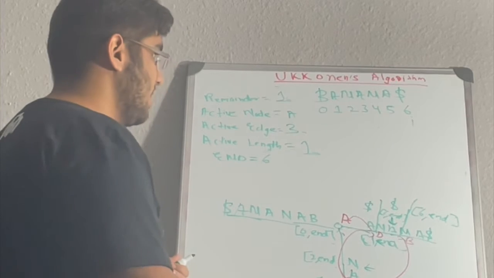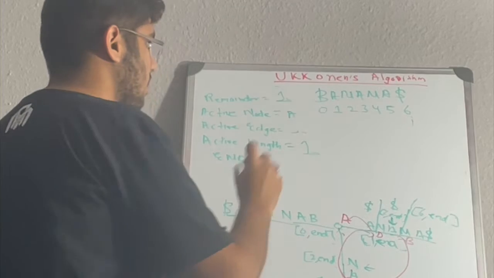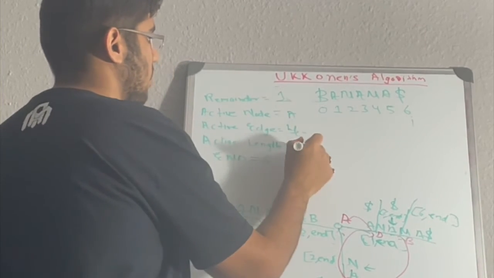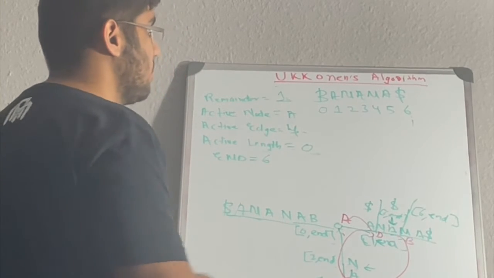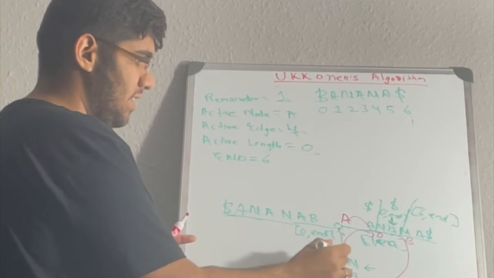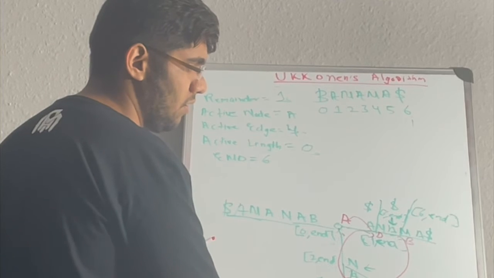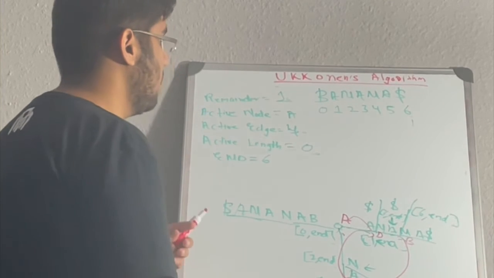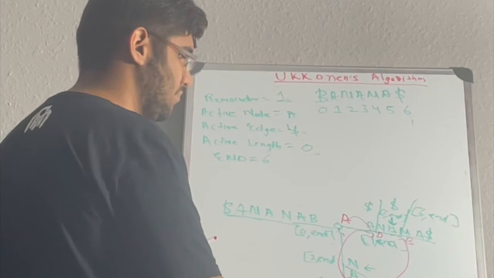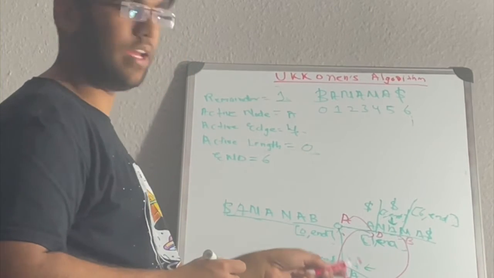So we increase the active edge to 4, decrease the length to 0, and now we will go to active edge 4, meaning n, length is 0, so we'll create one more dollar. Sorry, basically our active edge is here, active length is 0, so we'll create here only, after n.